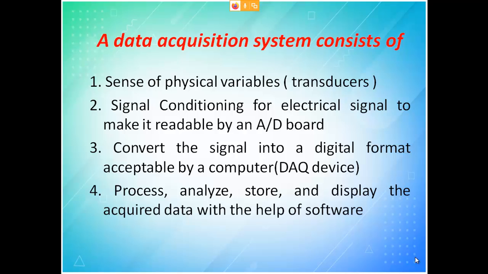Once this variable has been sensed, the output will be an electrical signal. Next is signal conditioning for the electrical signal. Any output from the sensor cannot be directly taken for processing because it may contain noise, so you need signal conditioning to make it readable by an A to D board.